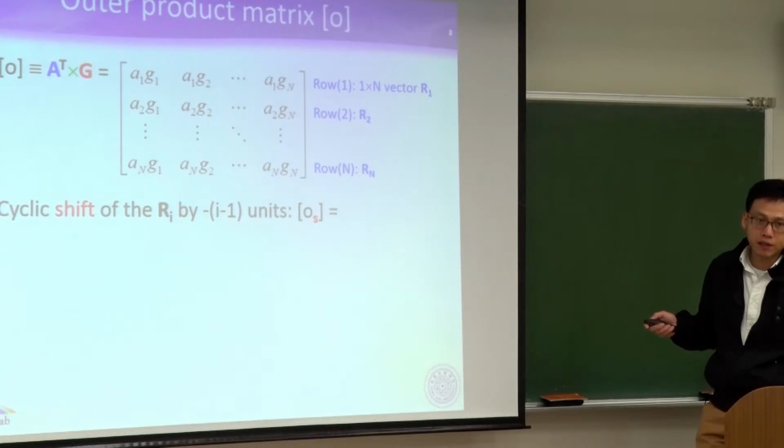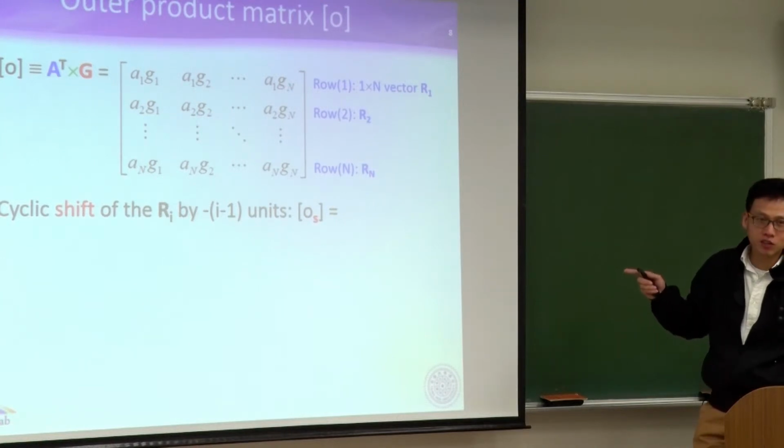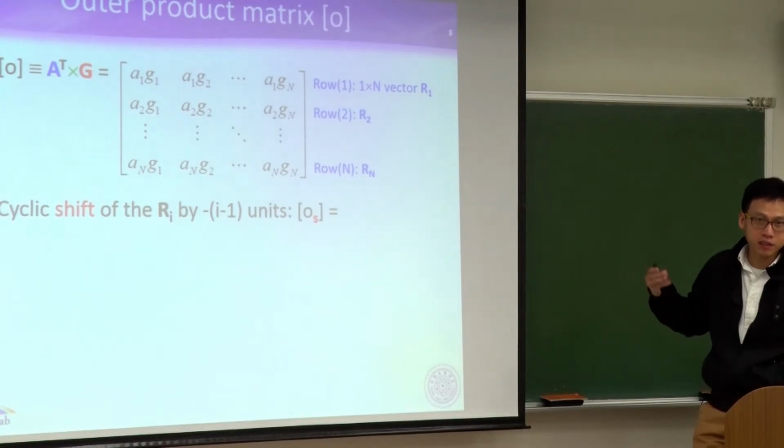The minus means cyclic shift to the left. Positive means cyclic shift to the right. How many units? i minus 1. So each row vector is treated independently and cyclically shifted by a different number of units. That's the meaning. Then we get a new matrix, O sub S. S means shift.